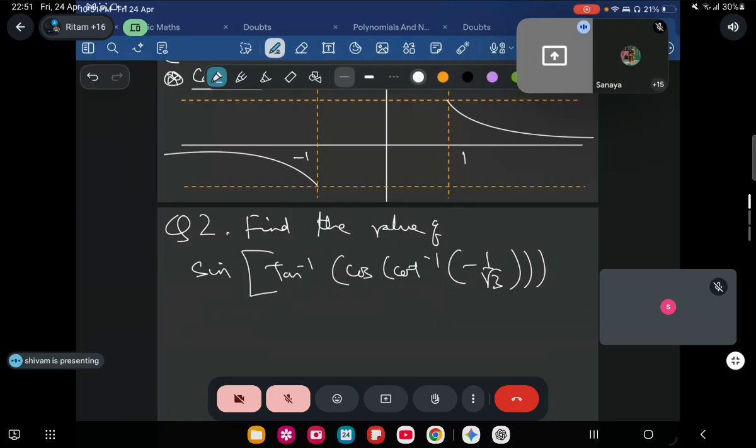Yes, Soham right answer. Onini, your answer is correct. Okay, let us solve, everyone.